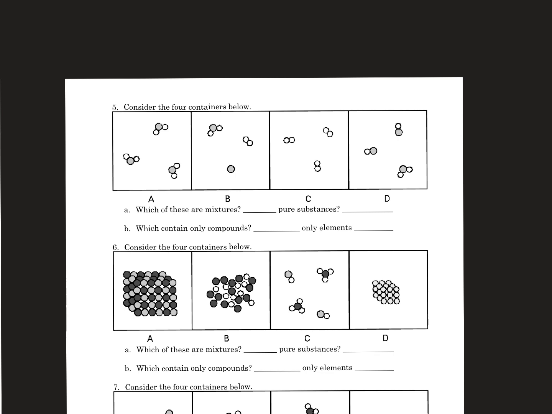Which contain only compounds? Well, this is a compound. So A contains only compounds. For B, I wrote some stuff here. This is a compound. This is one atom of an element. This happens to be two atoms of the same element, and they're chemically bonded together.